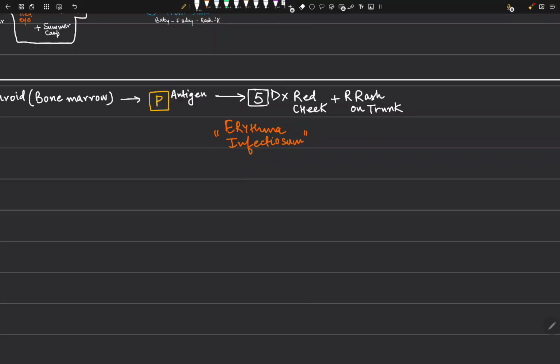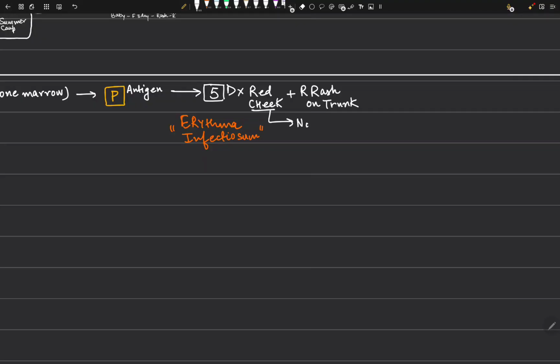Why? Because the rash is not due to active viral replication, it's due to the immune response, CD8 cells. So the cheek rash is the sign that the child is no longer infectious or contagious.